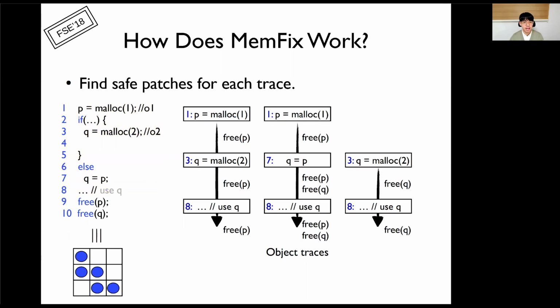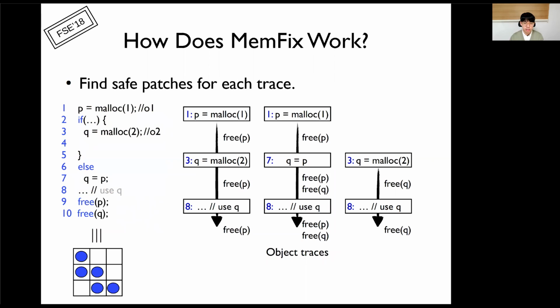The second step, after enumerating these object traces, MemFix tries to find safe candidate patches for each trace. For example, consider the first trace for the object O1 that follows the true branches. After the object O1 is allocated at the first line, we can add the free statement free P after line 1 or after line 3 or after line 8 to deallocate the object.